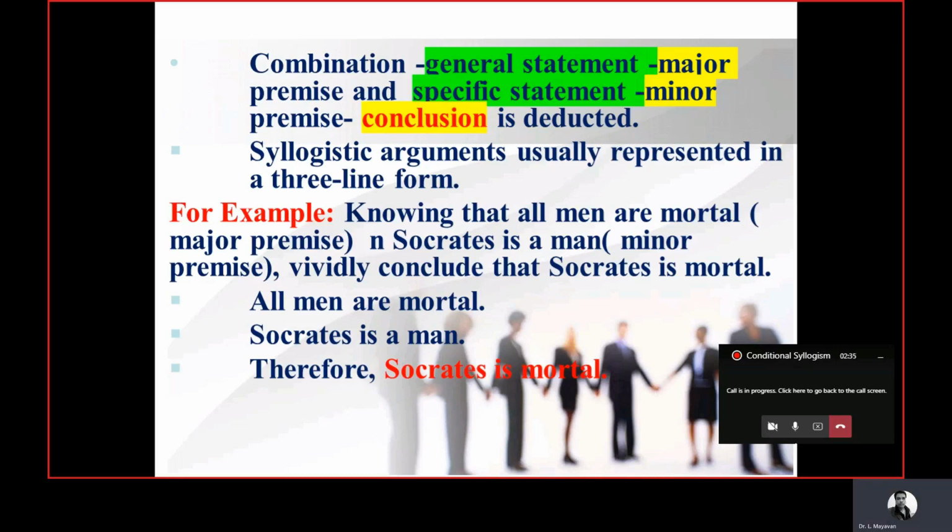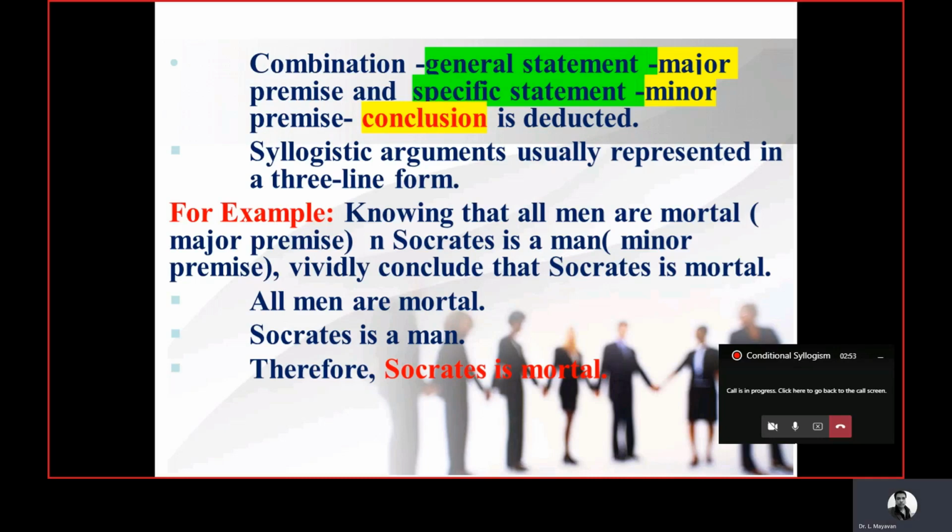Generally, syllogistic arguments are usually represented in a three-line form. For example, knowing that all men are mortal is a major premise, and Socrates is a man, minor premise.